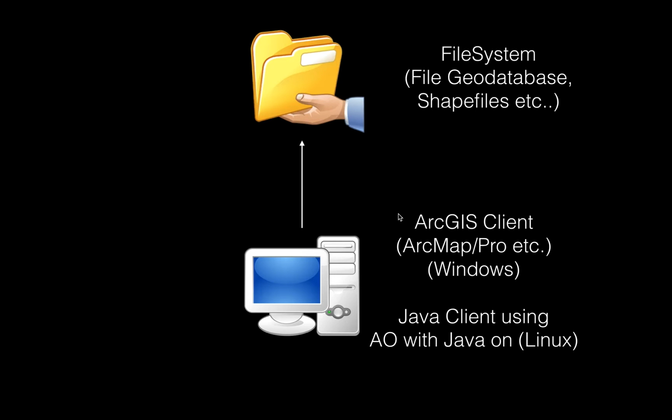So you have your ArcGIS client and you have your file system, could be local, could be on a file share, and you consume this, right? And this is a valid option. You can always have local files working.